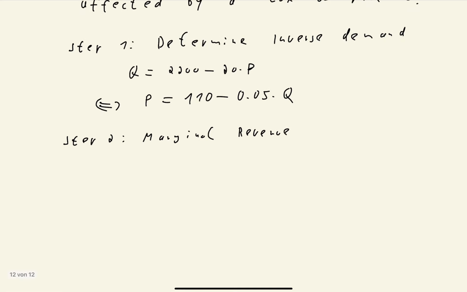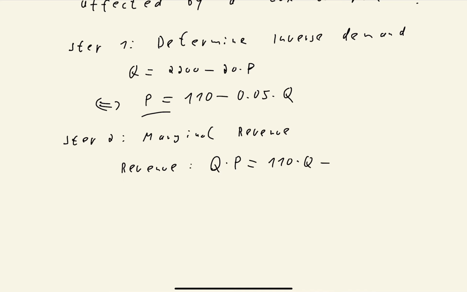So the revenue is simply quantity times the price. And now if we plug in the inverse demand that we calculated here, the revenue is a function of the quantity only and does not depend on the price directly anymore. So it's then 110 times Q minus 0.05 times Q to the power of 2.